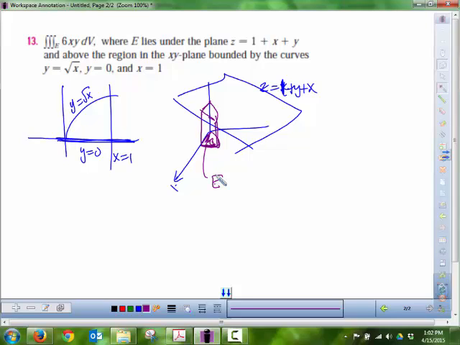But if you can't do it, the hard part is trying to see what the first integral is going to be, and then once that's done, you squash it down to 2 dimensions. Okay? So what I'm trying to say is that if you look at some keywords like E lies under the plane, so I know that plane is going to be the top function.